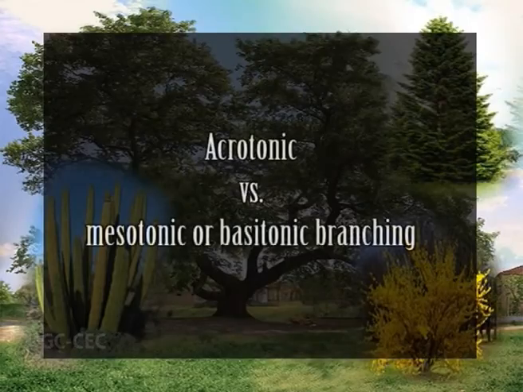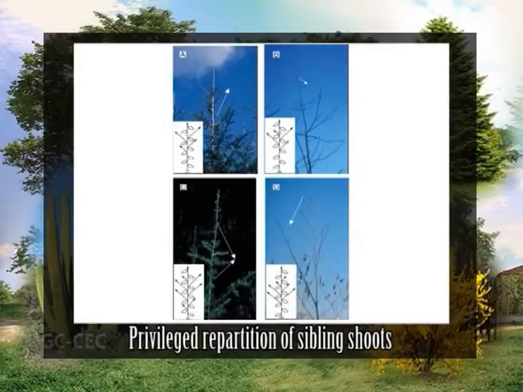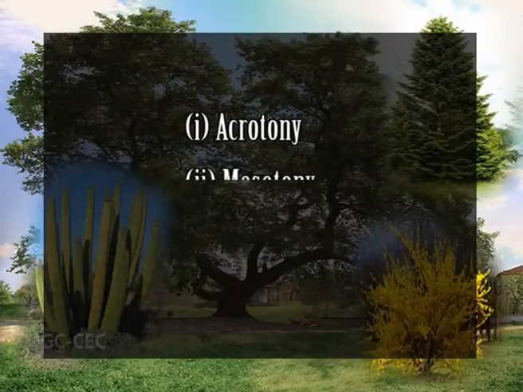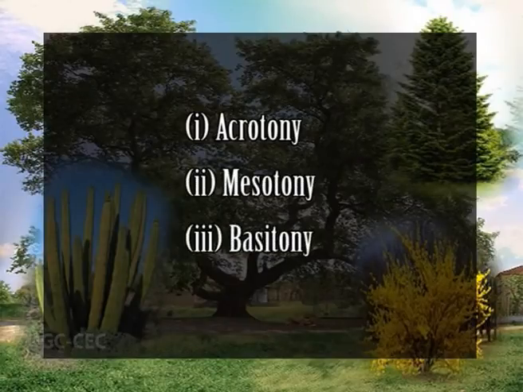Now, let us try to differentiate between acrotonic and mesotonic or basitonic branching. In order to describe the positional preferential development of a lateral axis on a vertical parent axis or shoot, Troll in 1937 and Rauh in 1939 distinguished three modalities called acrotony, mesotony and basitony.